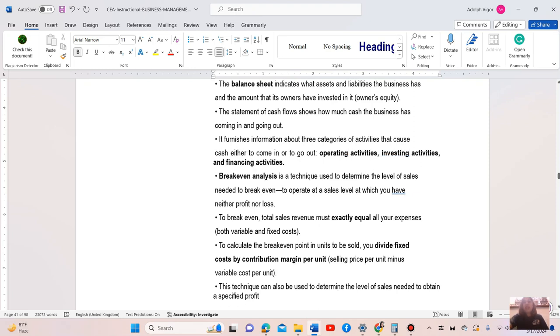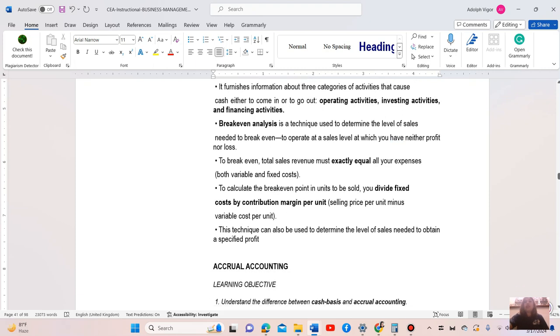So the break-even analysis is a technique used to determine the level of sales needed to break even, to operate at a sales level at which you have neither profit nor loss. And to break even, total sales revenue must exactly equal all expenses, both variable and fixed cost.